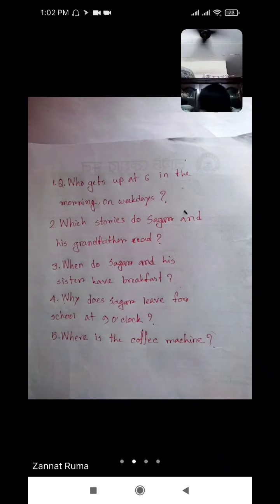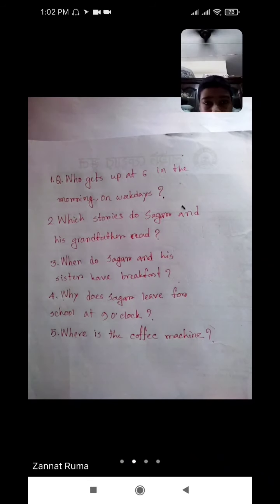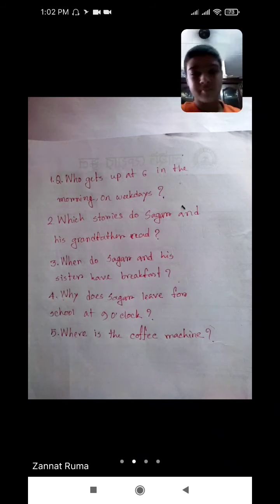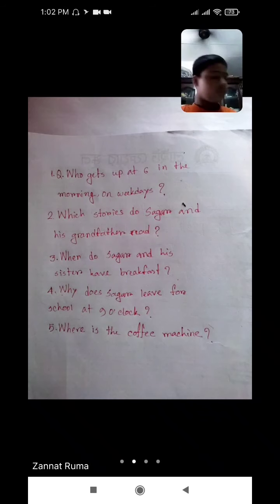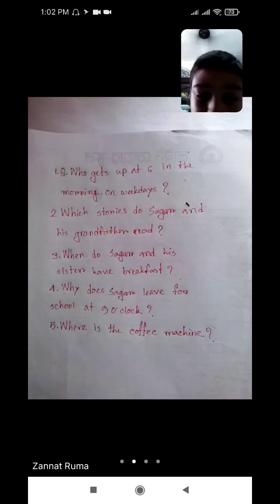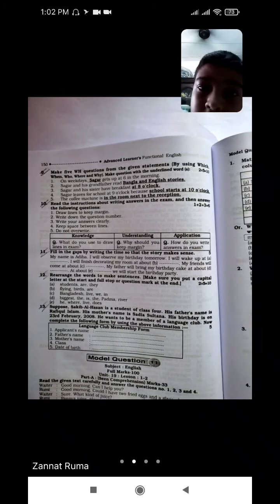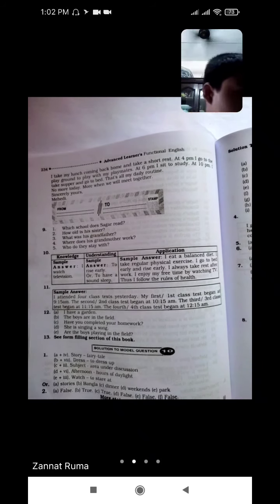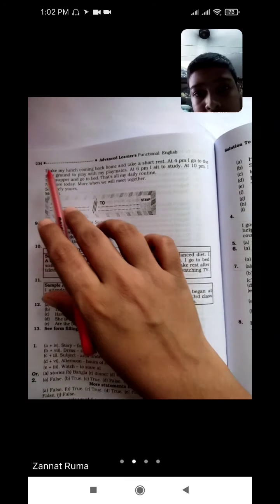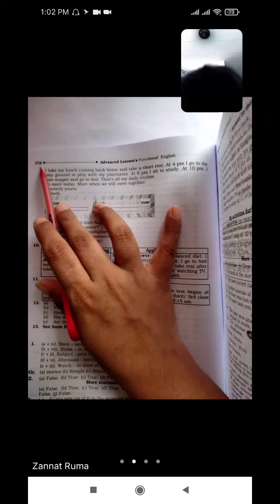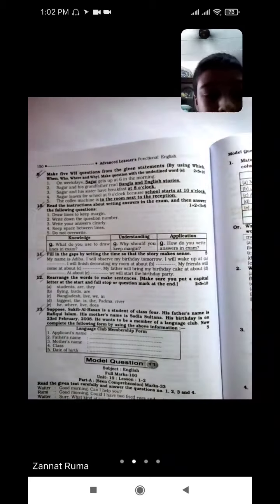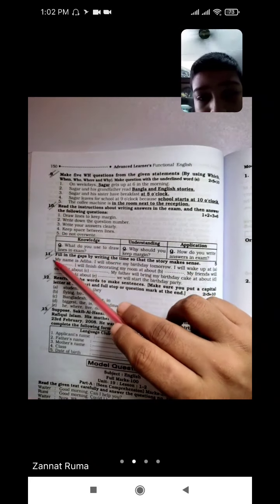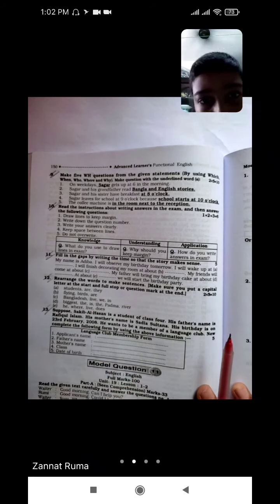Okay, did you understand, students? Done? Have you finished your writing? Yes. Okay, you will get this answer from your book in the last pages. Page number 234. You will get this answer. Okay, you will memorize 10, 11, 12 and 13 from this model question.